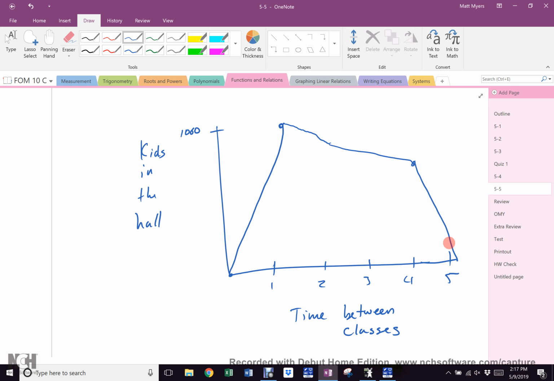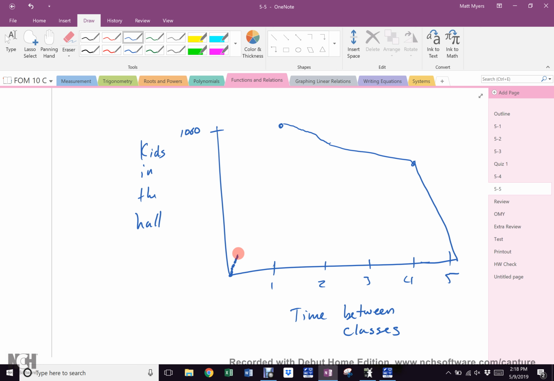Yes. But if I actually had to do this discrete, how many dots would I need between here and 1,000? I'd need 1,000 dots, wouldn't I? I'd have to count each kid. If I actually put 1,000 dots there, what am I going to end up with? A line. Does everybody understand?